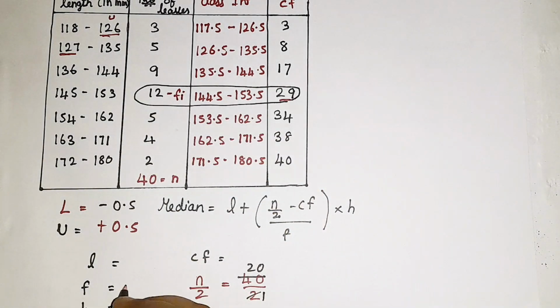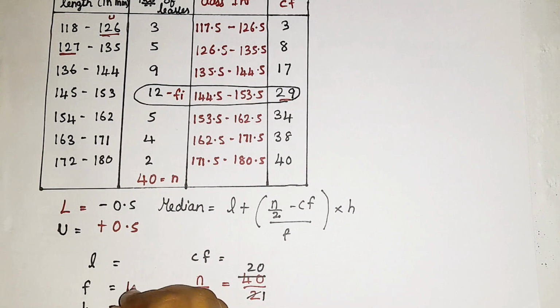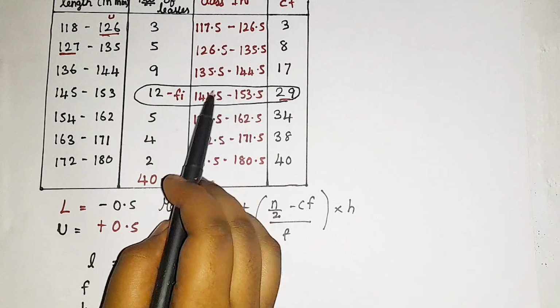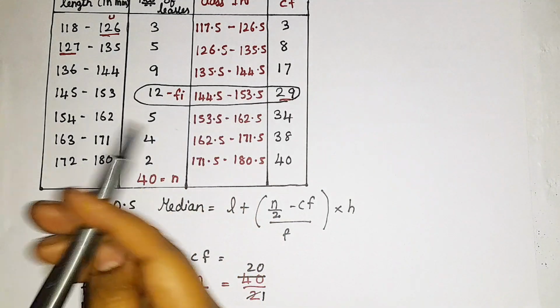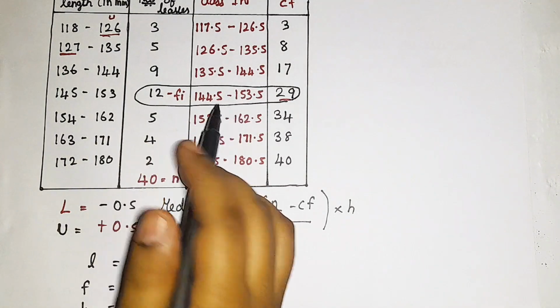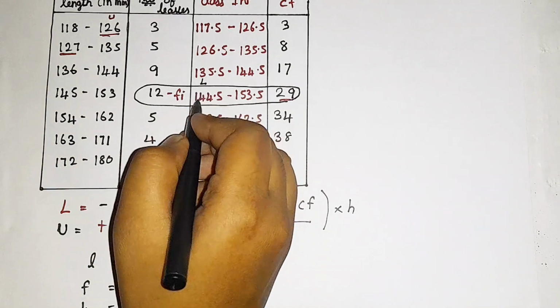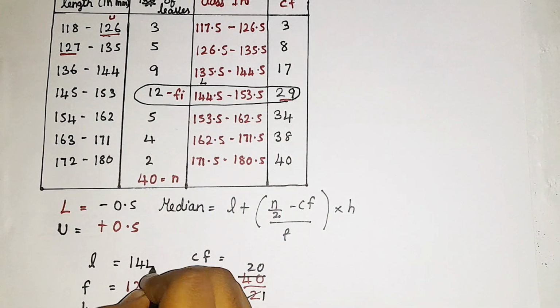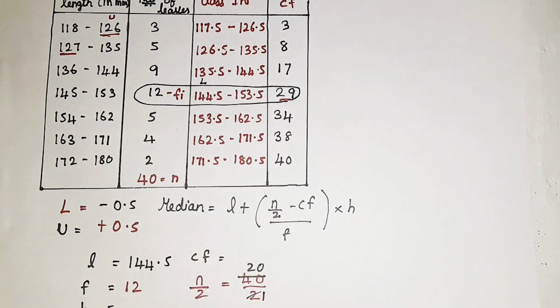Okay, so here the F5 value, that is the frequency value, is 12. Okay, so we marked here as well, isn't it? So in these both values, what is the lower limit? So the lower limit is 144.5. So that is going to be a lower limit here, 144.5. Okay, so how to find height?